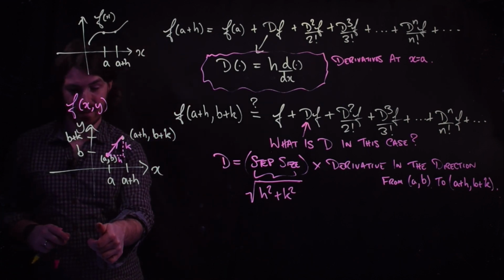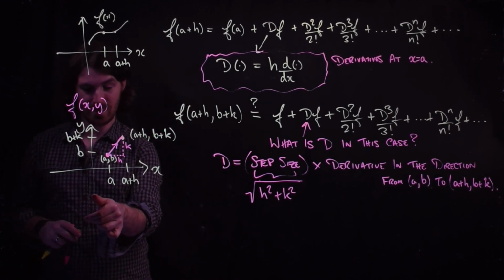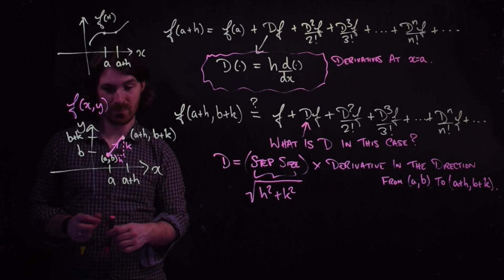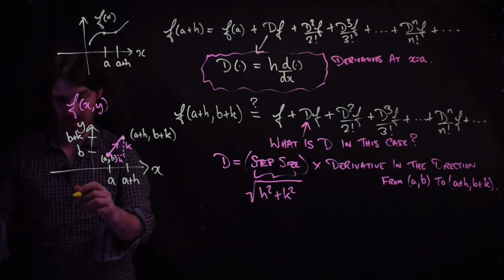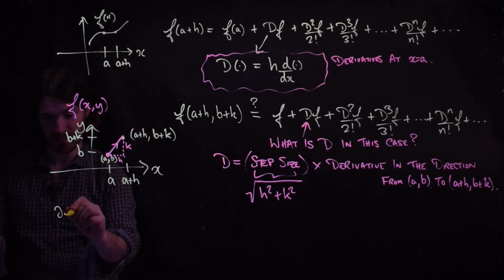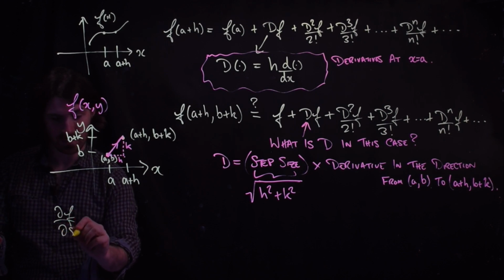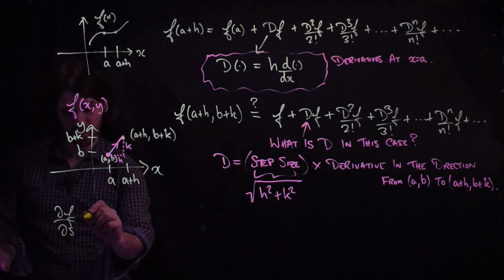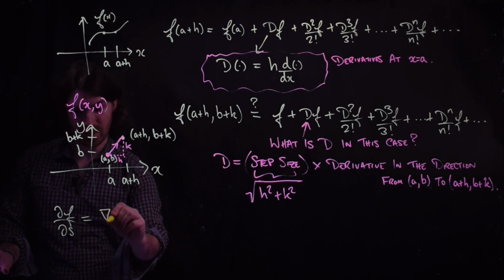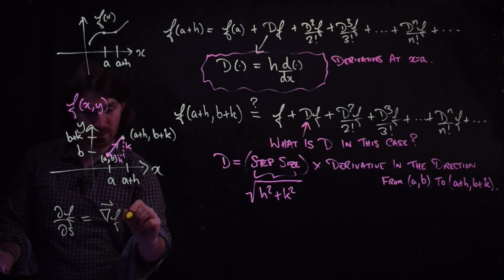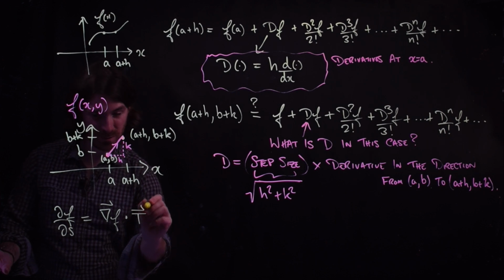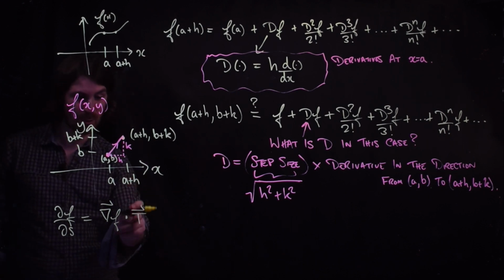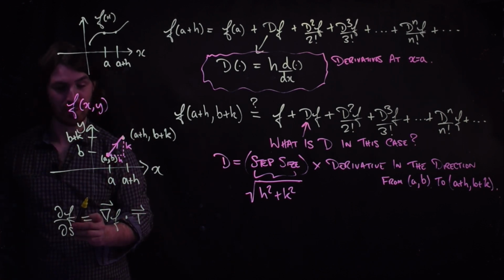How do we calculate a general directional derivative? We know how to do this. We know that df by ds, so the rate of change of a function along a certain direction, is equal to the gradient of the function dotted with the tangent vector, which is a unit vector that points in the direction that we move.